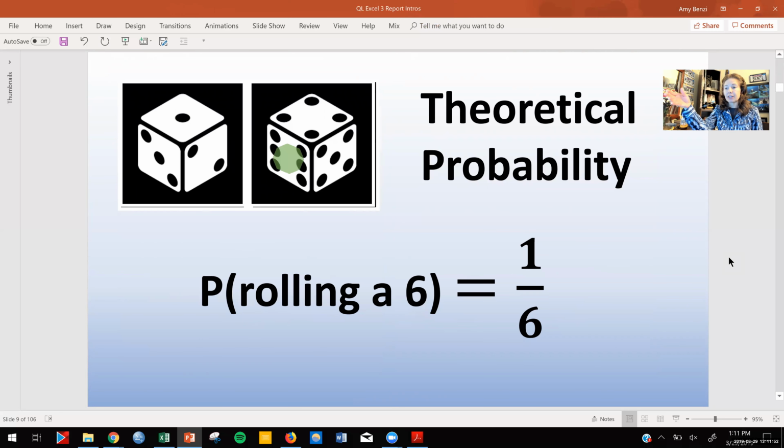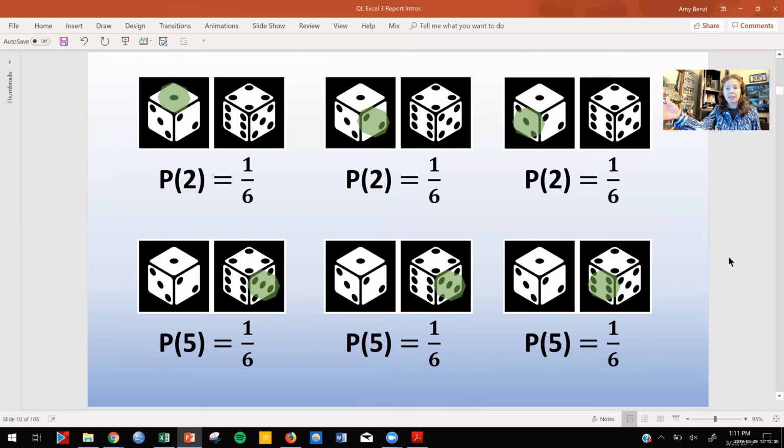Well, the probability of rolling a 6 is 1/6. We call that theoretical probability. Mathematically, there are 6 possible outcomes and only one of them could be a 6. Well, here we have any possible outcome for a single number. There are no repeating numbers on this die, so that means that there is a 1/6 probability for any of those integers to end up face up.